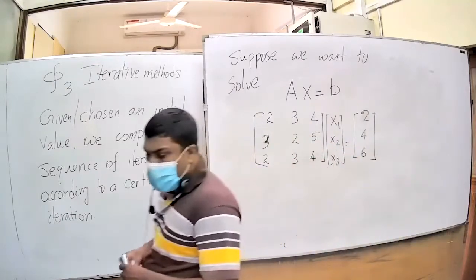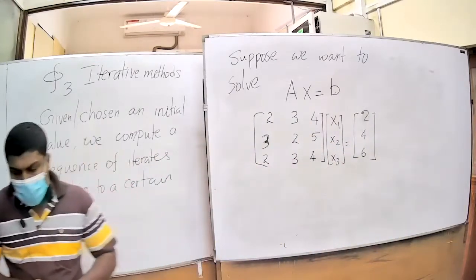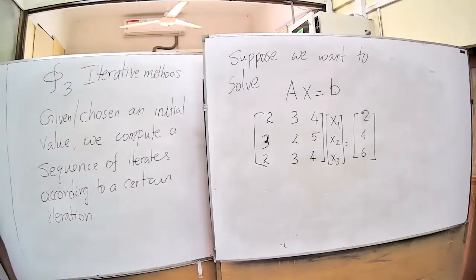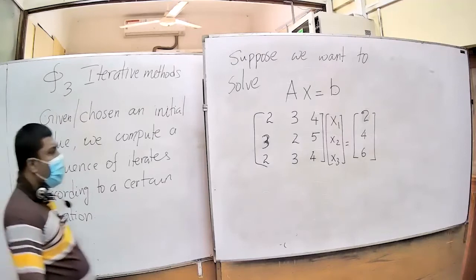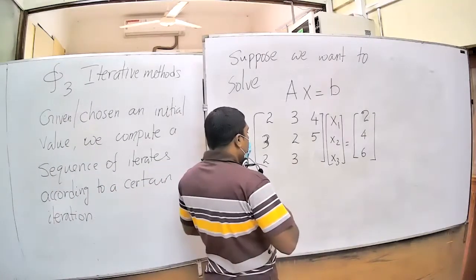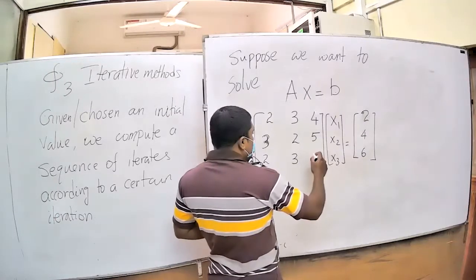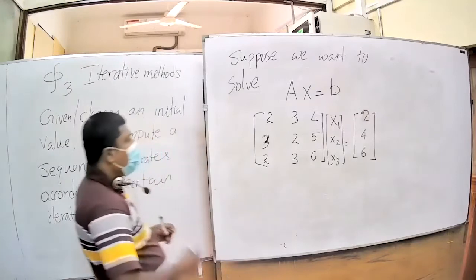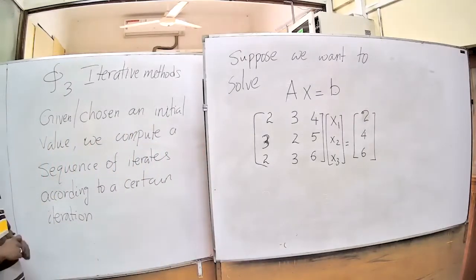Suppose you have a system of equations like this: 2, 3, 4, 3, 2, 5, 2, 3, 4. Or let me change this to 2, 3, 6. So we have a system like this.